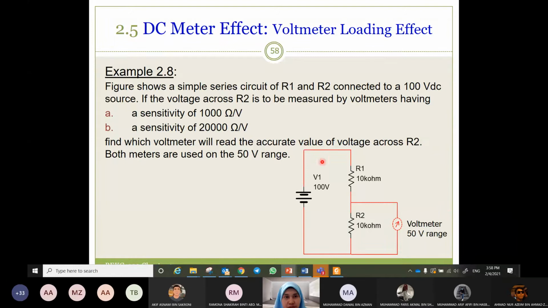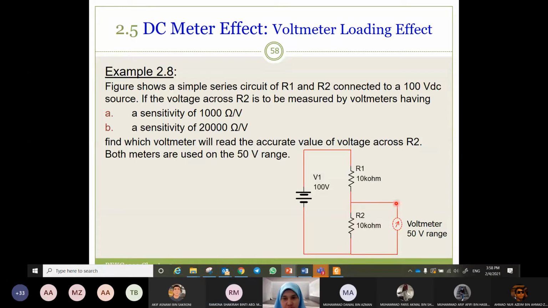Figure shows a simple series circuit of R1 and R2 connected to a 100 volt DC source. If the voltage across R2 is to be measured by voltmeter, this is voltmeter. Okay, class, is this series or parallel circuit? Series. Series circuit. Do not be confused with this voltmeter.